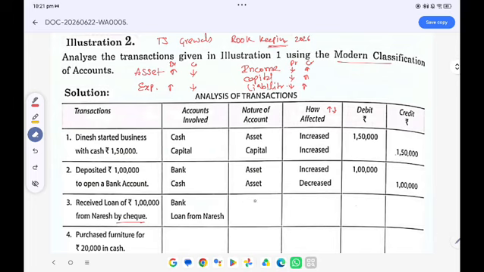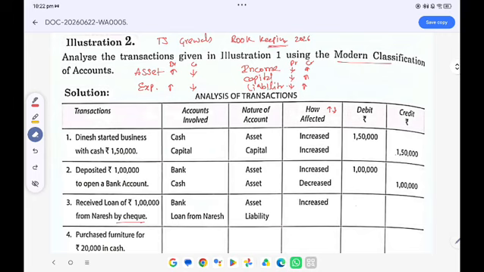So here bank is an asset and loan from Naresh is a liability. You tell me, children, when we receive a loan from a party, who owes whom? Here we have taken a loan, which means we owe. That's why it's a liability for us. Our bank balance increased because someone gave a loan to us via bank account, so our asset increased.